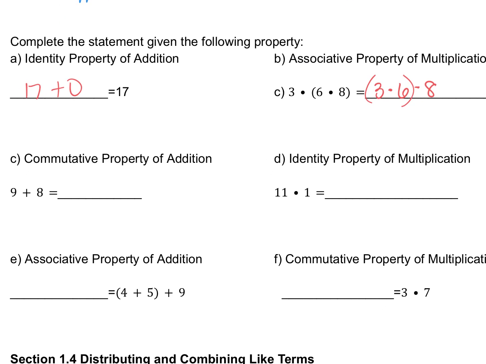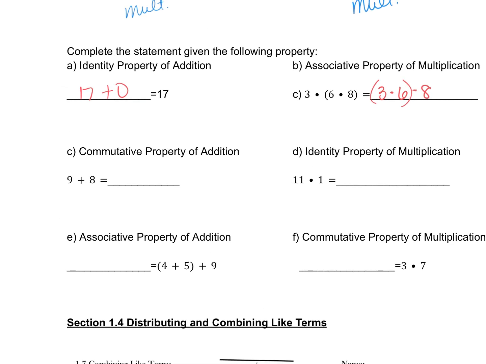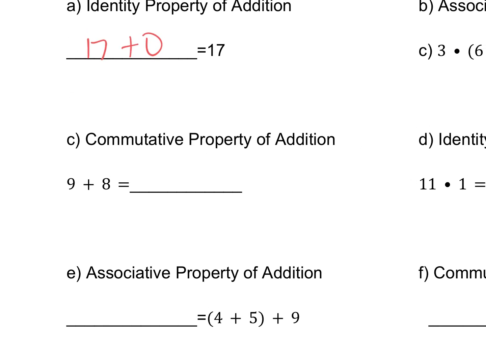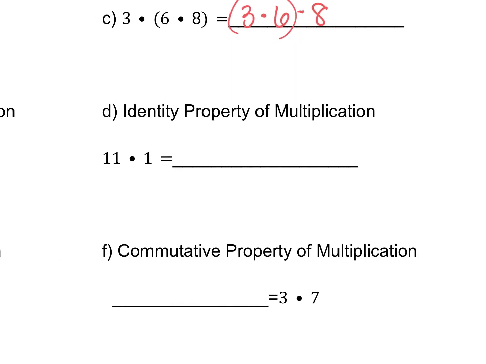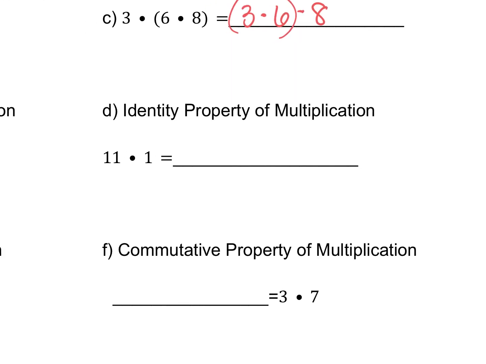Okay, I'm going to challenge you, pause the video and try to do the last 4 by yourself. And feel free to flip back to your table, see if we can get the same answer. So the commutative property of addition, 9 plus 8, would be equal to 8 plus 9. The identity property of multiplication would be 11 times 1 is equal to 11.